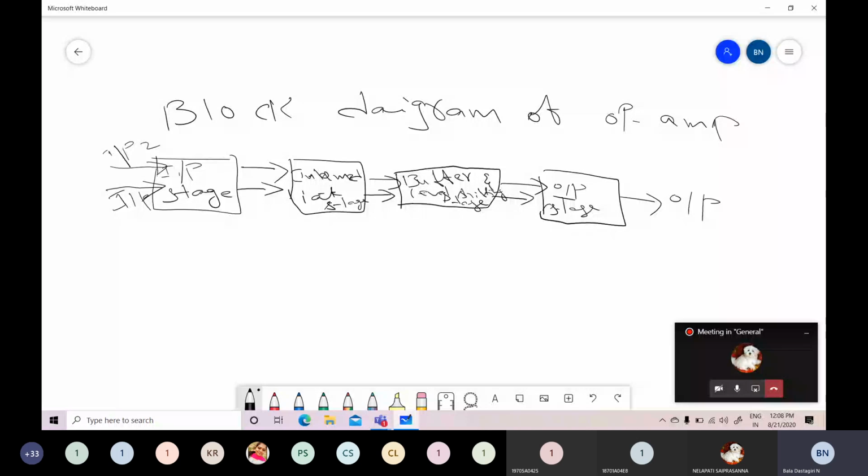The overall gain requirement of the op amp is very high, so in order to achieve this high gain, we use the intermediate stage. Its main function is to provide the additional voltage gain required. Depending upon the voltage gain required, we may use any one of the types of differential amplifiers here. Okay, and the third stage is the buffer and level shifting stage.